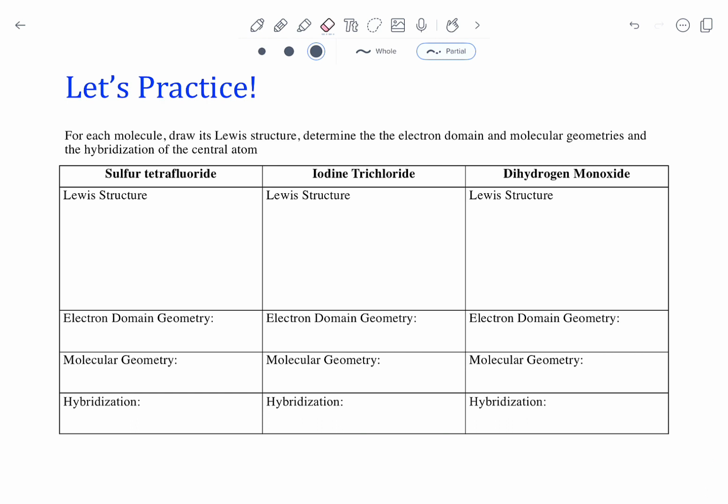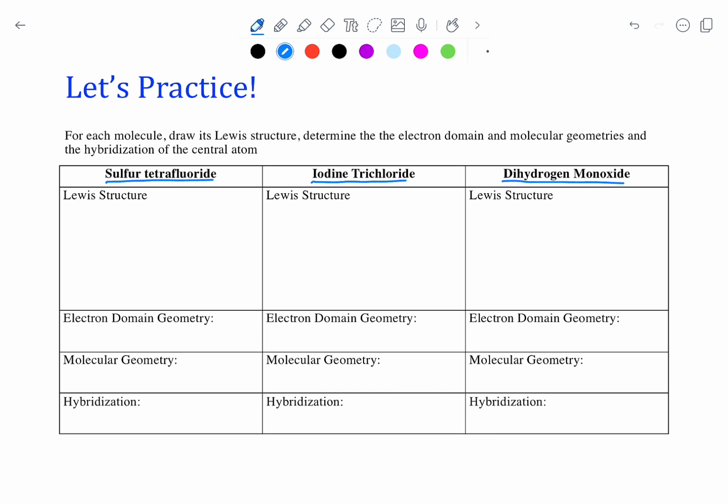What I want you to do here is draw the Lewis structures for all of these compounds. Yes, you're going to have to determine the structure because I only give you the names here. So draw the Lewis structures and then determine the geometries.